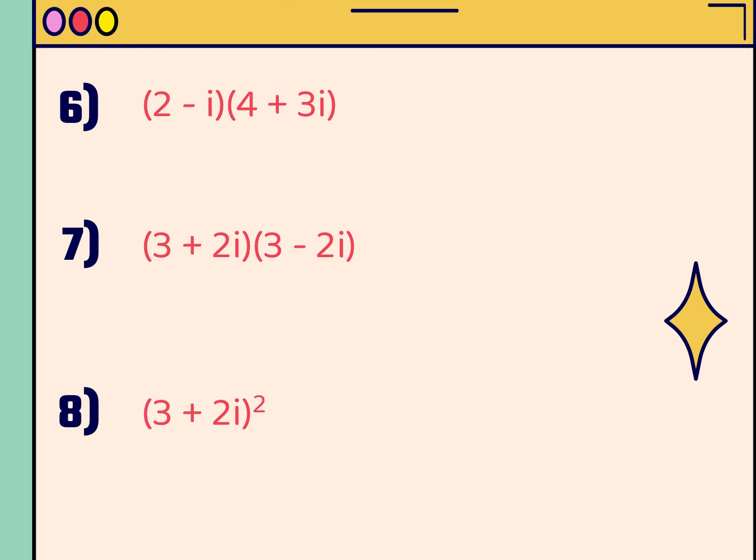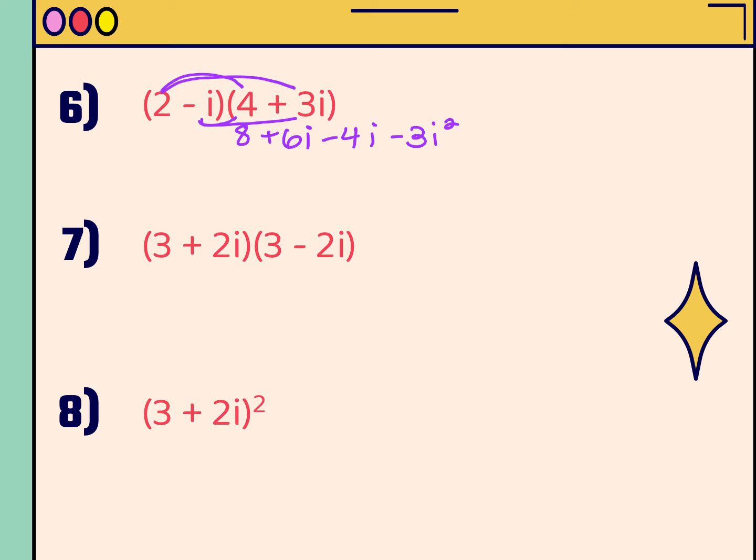Moving on to number 6. Now we've got two binomials next to each other, so we're going to FOIL these out. 2 times 4 is 8. 2 times 3i is positive 6i. Negative i times 4 is minus 4i. Negative i times positive 3i is negative 3i squared. So now this is the first time we have i squared in our expression. i squared gets replaced with -1.